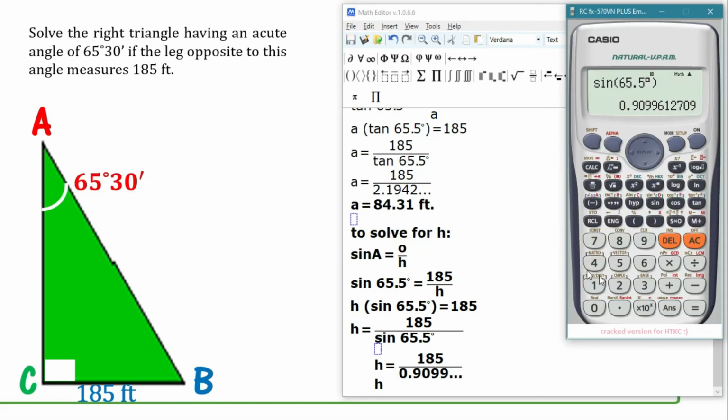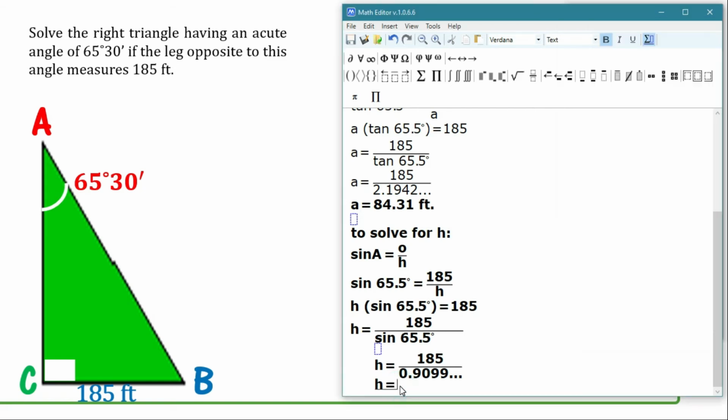Alright, so that's gonna be 185 over the value of sine 65.5 degrees. So that's gonna be 203.31. Okay, so the value of h is 203.31 feet.